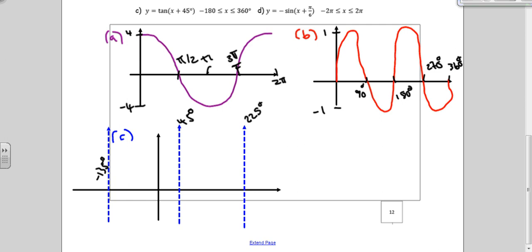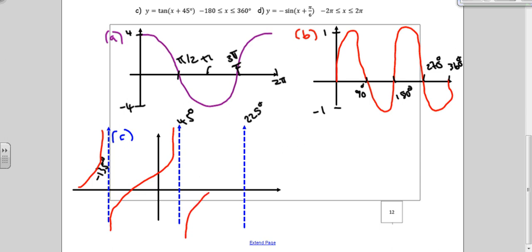Okay. So now we need to draw our graph. Which will come up from there. Then start at the bottom. Cross over to there.